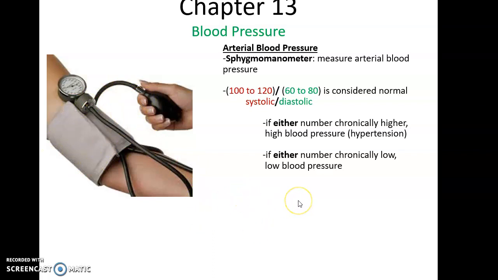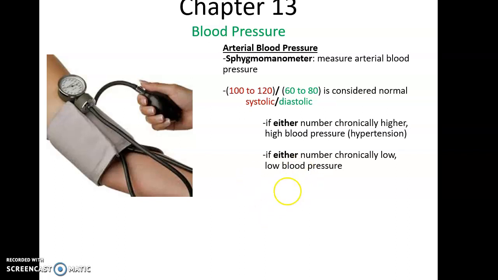The normal range for blood pressure for a systolic number is between 100 and 120, and then for the diastolic number is 60 to 80. So somewhere between 100 to 120 over 60 to 80. Now, if either number is chronically higher, then the person has blood pressure that is high, or hypertension.